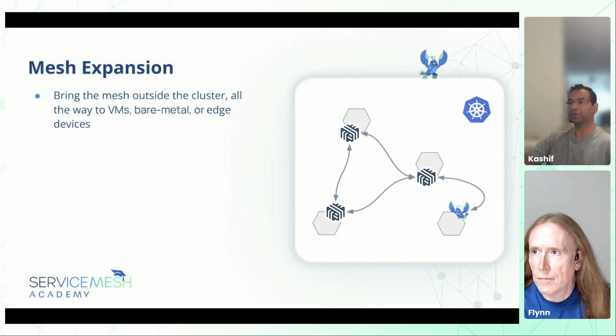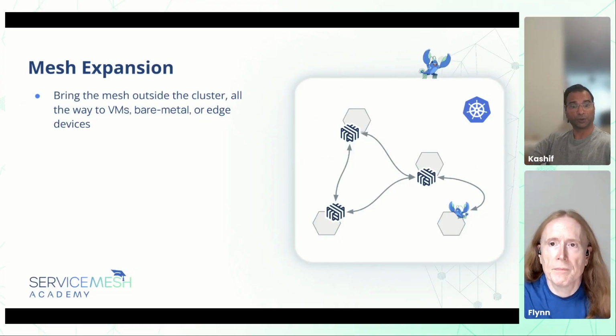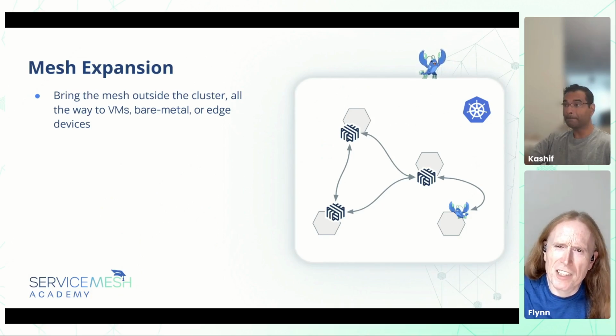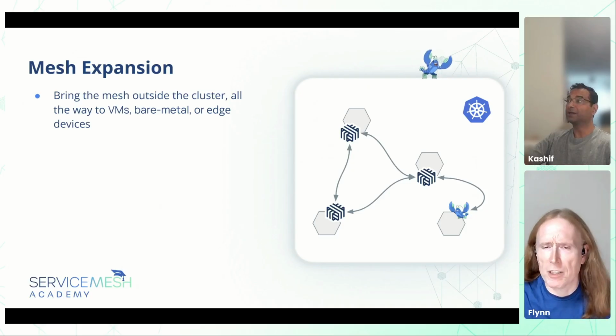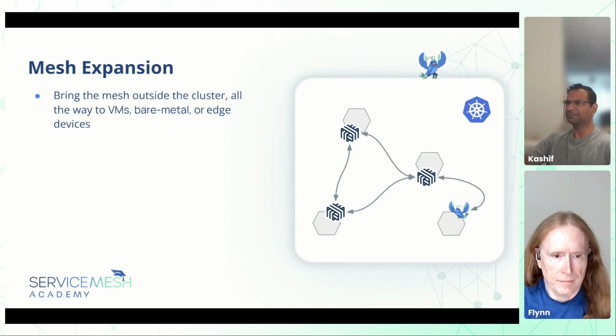Okay, so let's talk about what mesh expansion is. Buoyant has supported mesh expansion for quite a while now, as observers of our product offerings know. I think it was alpha in 2.15, but maybe didn't go to general release until later.